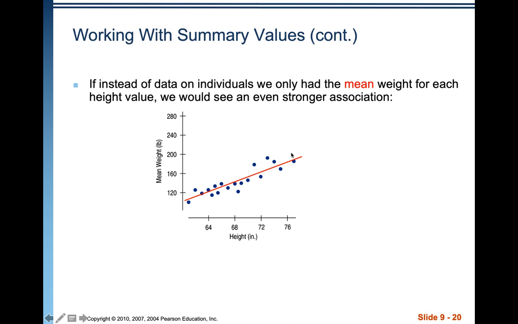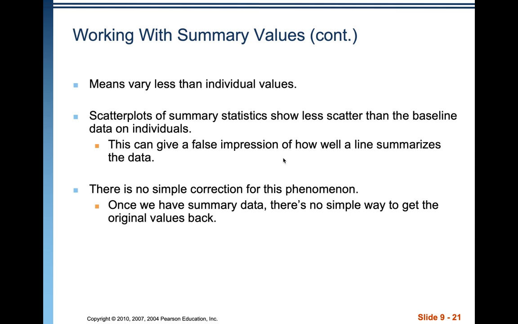So by averaging the weights together, we are decreasing the variability. What that means is if you've got a model that's based on mean values, you need to realize that that model is accounting for less variability than you'll see in individuals, because means vary less than individual values.